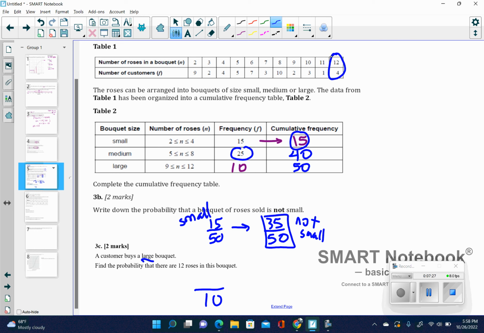We have to go back to the table for that, right? There are 4 of them that have 12 roses in that bouquet. So 4 out of 10. You could have written 4 out of 10. You could have written 40%. Any of them would have been fine. 0.4. So 40% would have been fine. You could have written 0.4. Any of those answers would have been fine for this.